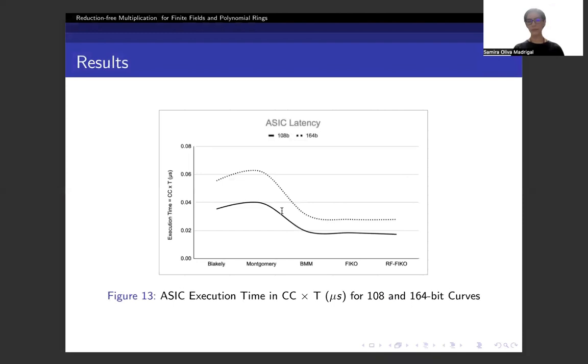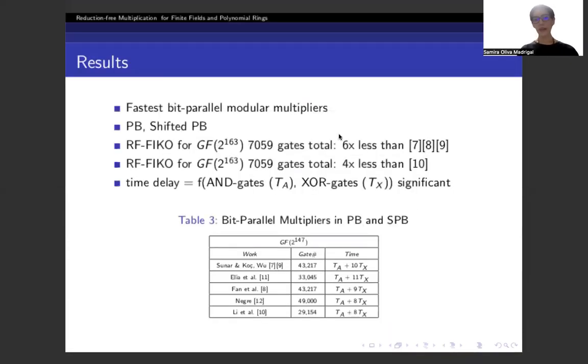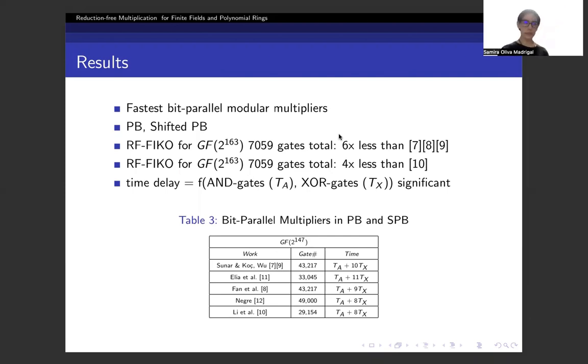Again, for the same curves, basic results. And now in comparison with some of the fastest parallel modular multipliers in the polynomial basis, if we take RF-FIKO for GF2 to the 163, it uses 6 times fewer gates than some of these, and 4 times fewer gates than the one by Lee et al.